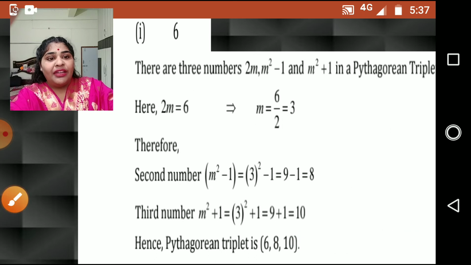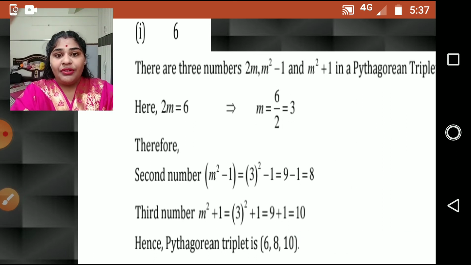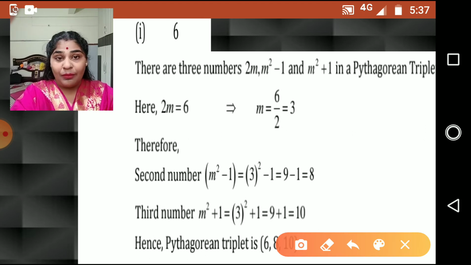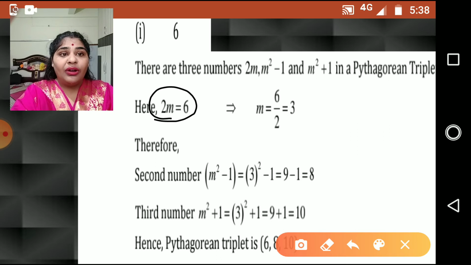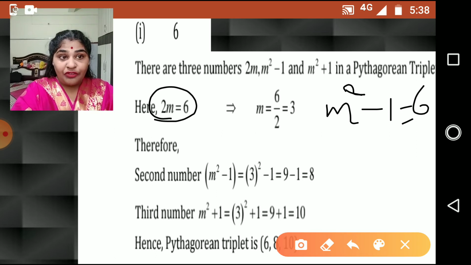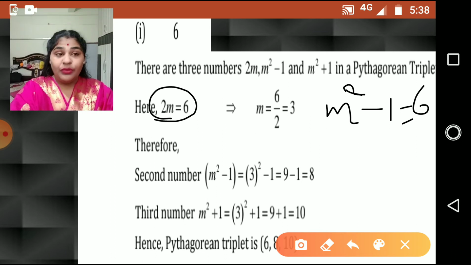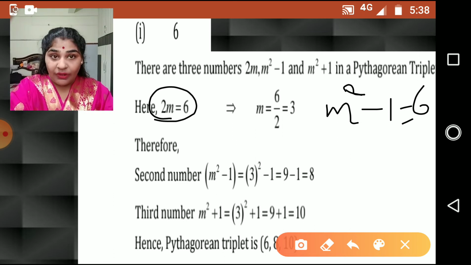One more thing I want to tell you, children: why do we equate the given number 6 with 2m? Why not m square minus 1 is equal to 6? Now if you equate the value of m square minus 1 equal to 6, let us see what happens.